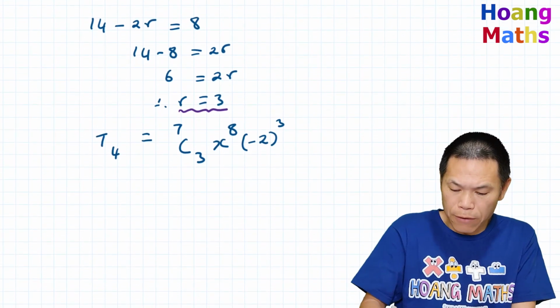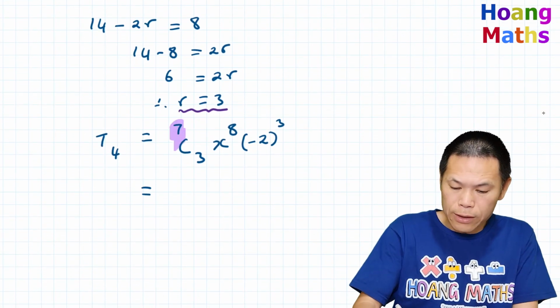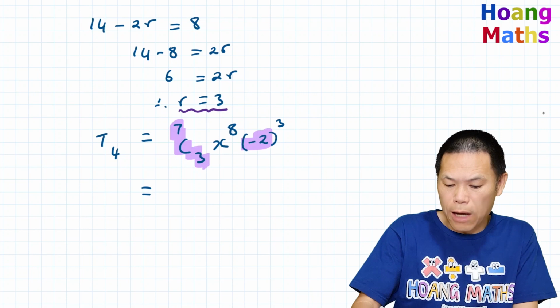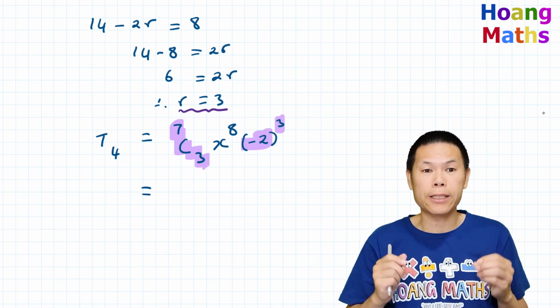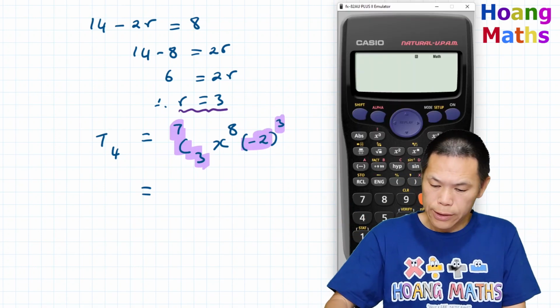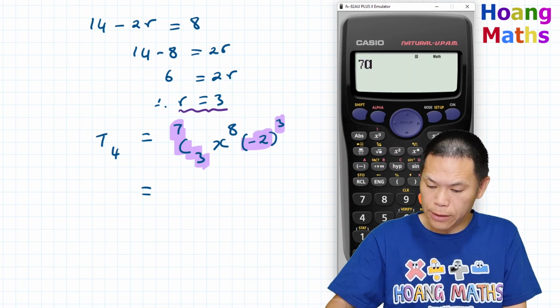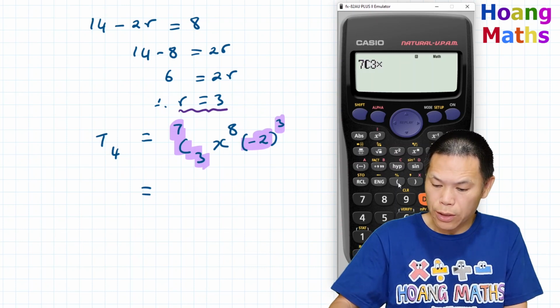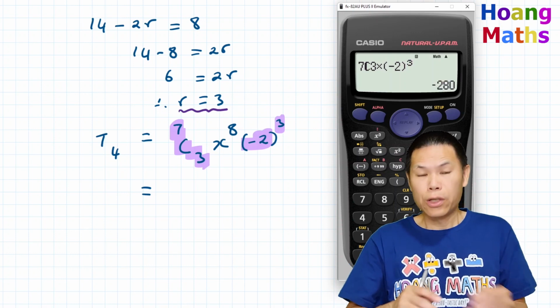So let me just simplify this a bit further. So 7C3 times negative 2 to the power of 3. I just put down a calculator. So I just go 7C3 times negative 2 to the power of 3.